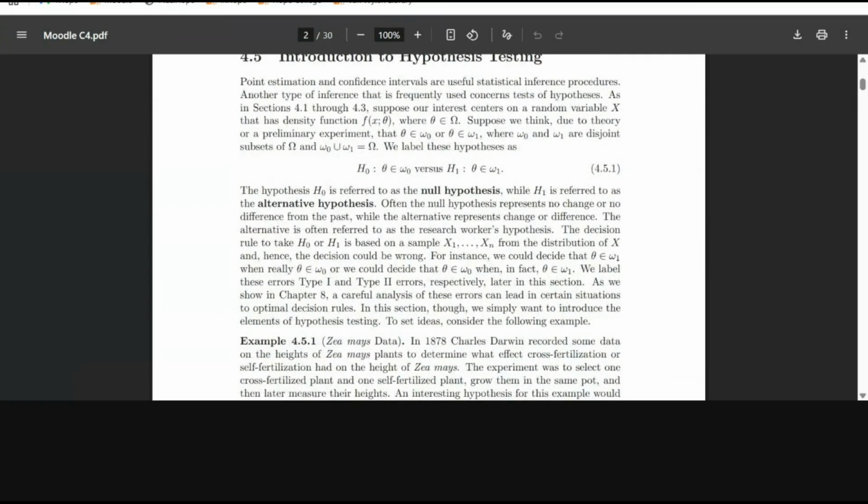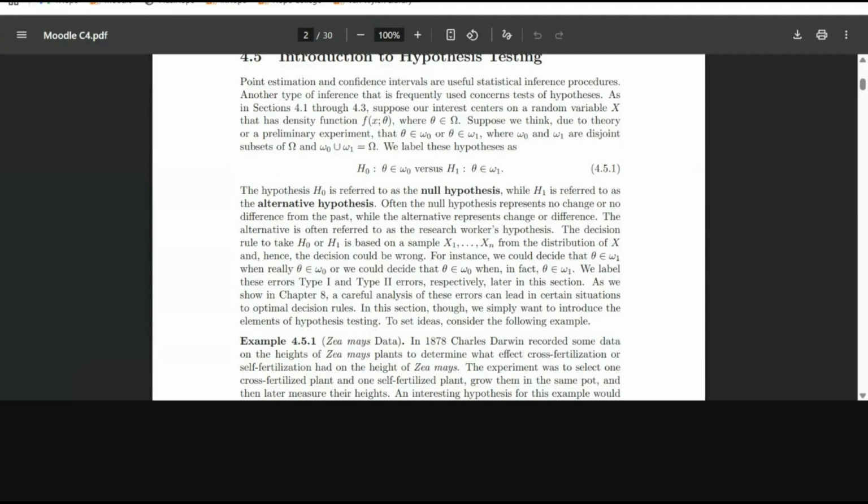First of all, most books tend to write omega, capital omega, as what we call the parameter space. Why do we have a parameter space? Let's think about the simplest parameter space that we can consider. The parameter space will be the place where your parameter values can reside.